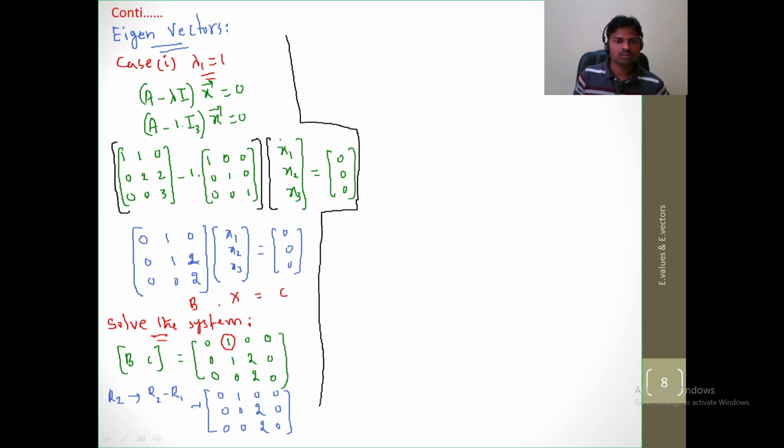Here I got the requirement: the first non-zero entry is 1 and the remaining 2 entries must be 0. Similarly for the second row, this one should be 1 and the remaining 2 entries must be 0.